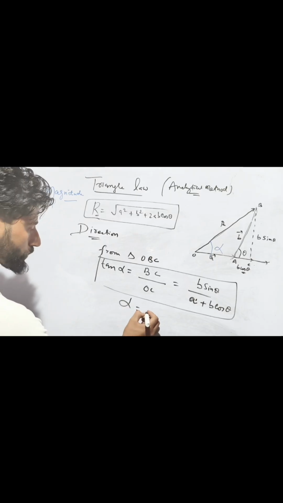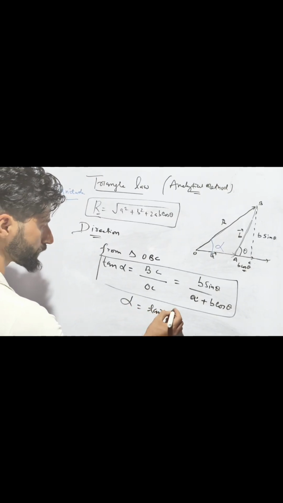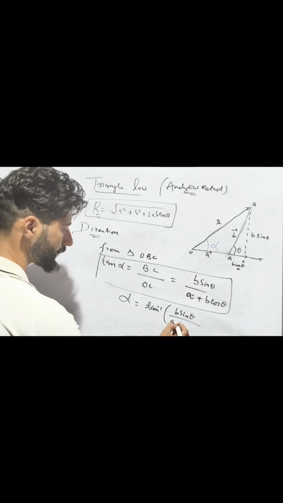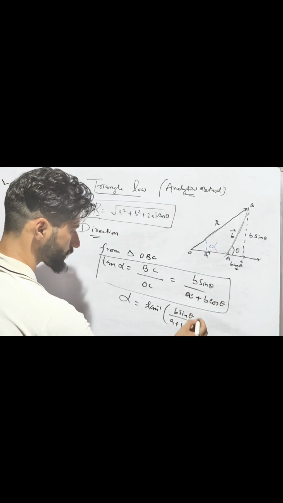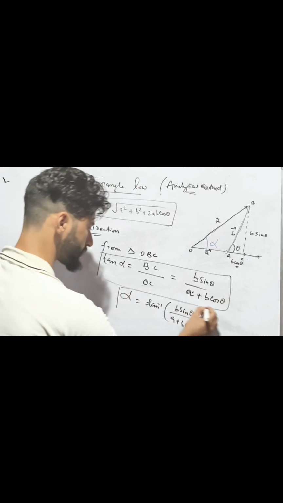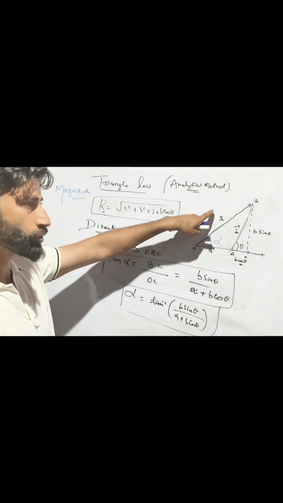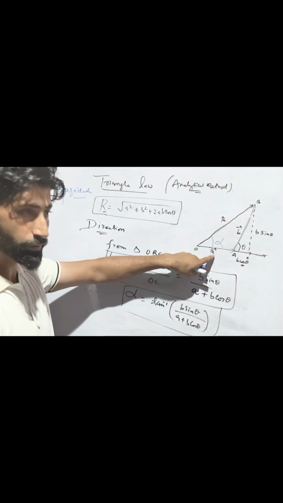Or alpha will be equal to tan inverse of B sine theta divided by A plus B cos theta. So this gives the direction. Alpha gives the direction of the resultant R with respect to vector A.